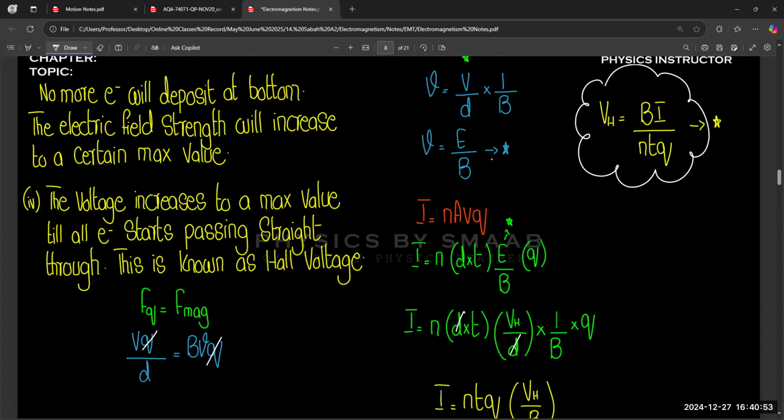Okay. Now, let's consider past paper questions from the Hall probe and other topics also, because this is the topic that we left in this magnetism section.